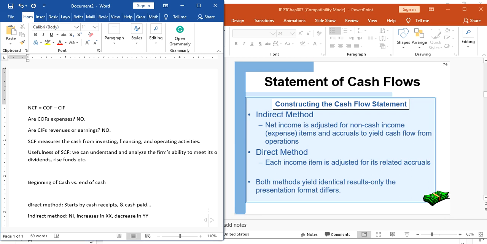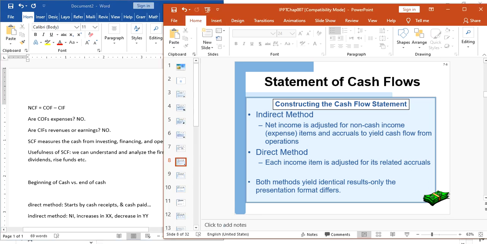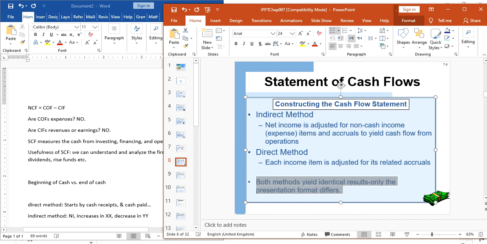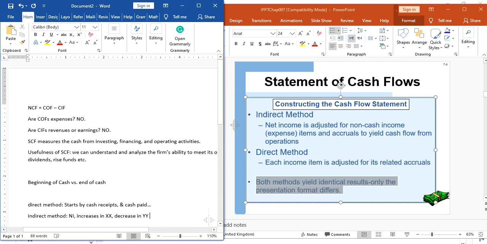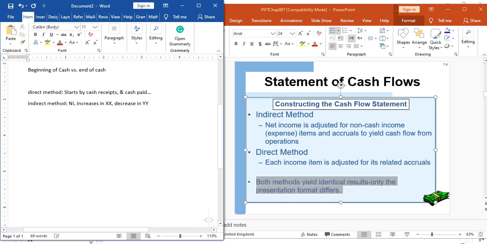But the most important thing to know is that both the indirect and direct methods will end up with the same result, regardless of the presentation, which is different.